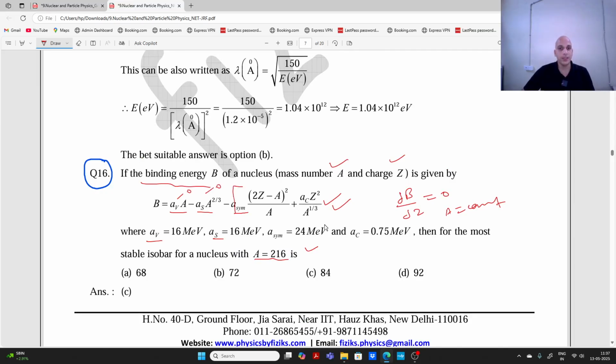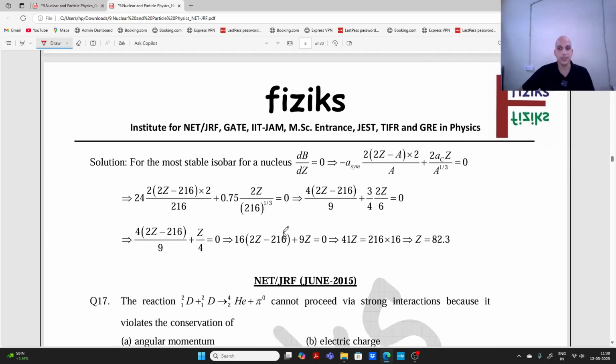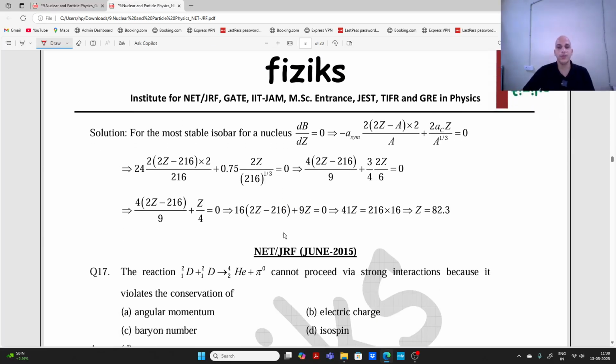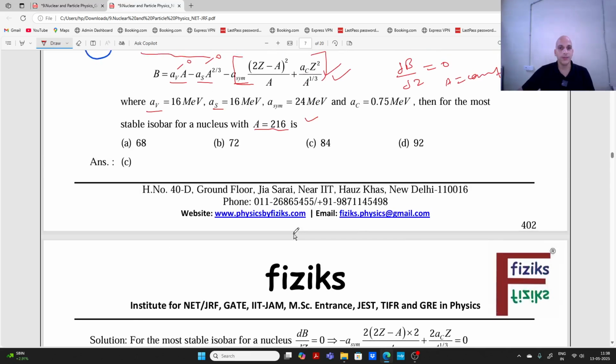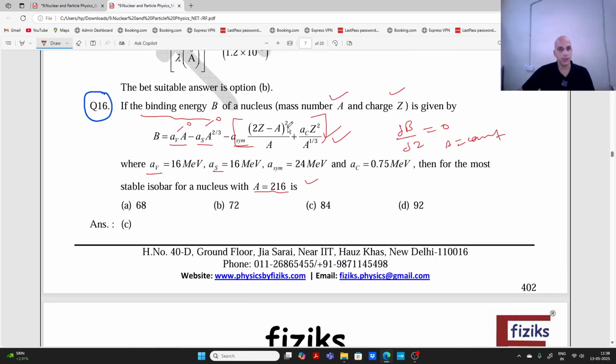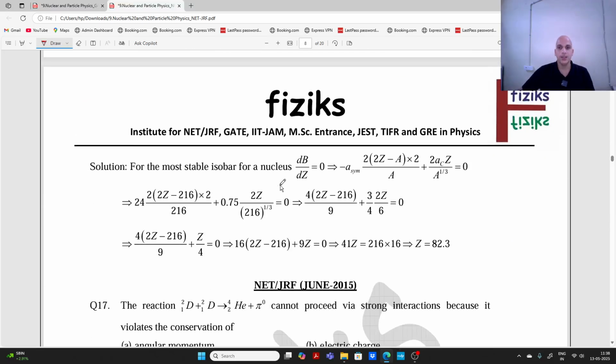We will have only differentiation of these two terms. For the first term, you are given 2Z minus A whole square, so it will become 2 into (2Z minus A) into the differentiation of these two.